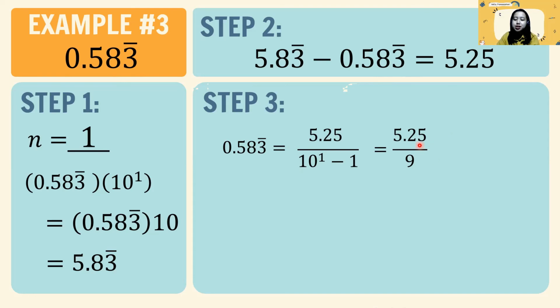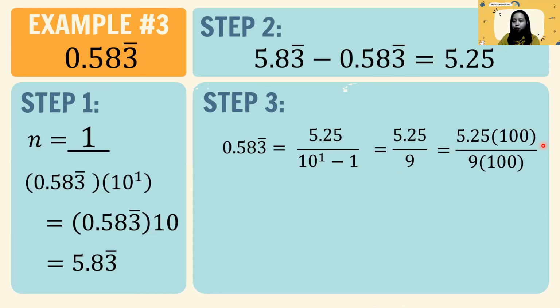As you can see, we still have a decimal in the numerator. So can you think of a way to get rid of this decimal point in the numerator? If you're thinking to multiply the whole fraction, both numerator and denominator, by 100 to eliminate the decimal point, you are correct with that.